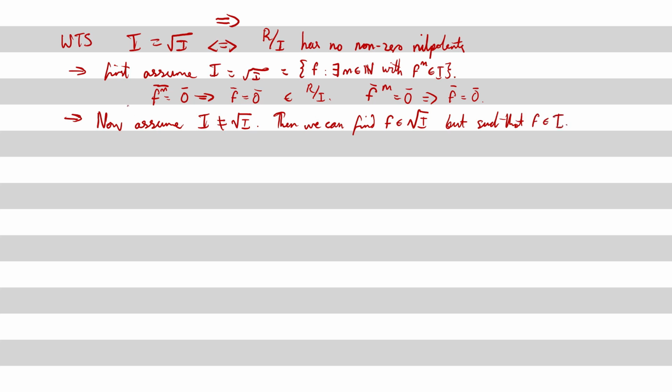What this means is f to the m is within our ideal, but f is not within our ideal.